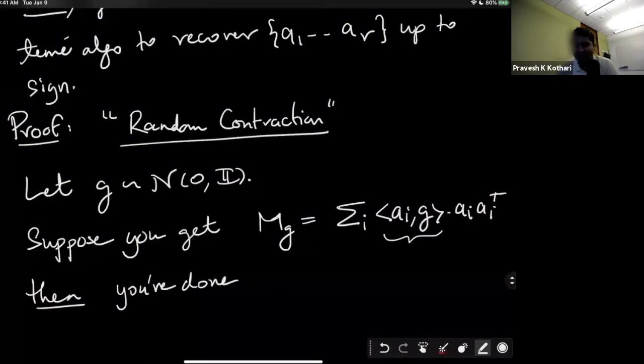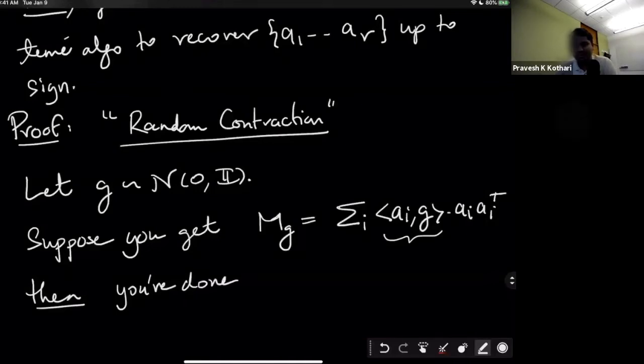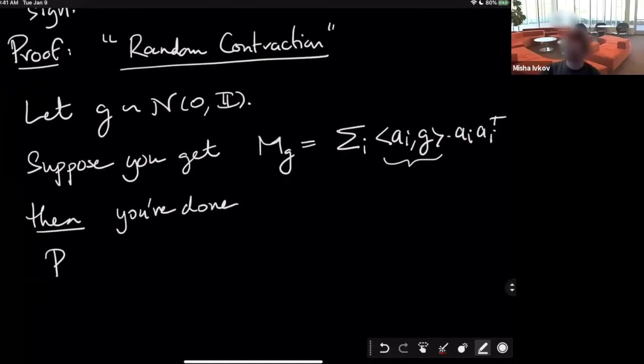Can someone describe to me in one line why I'm done? Compute the eigendecomposition of this M sub G. Right. But why would I succeed in getting the AIs? With high probability, the eigenvalues AI dot G would be distinct. Right. Absolutely. So can someone tell me what is the probability over the draw of a Gaussian that the numbers G dot A1, G dot A2, and so on up to G dot AR are distinct? 1.